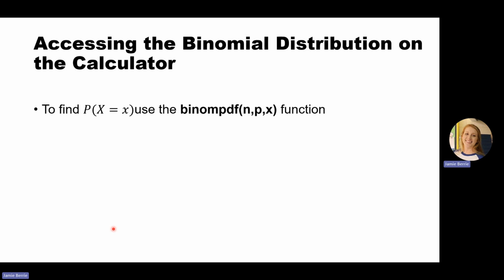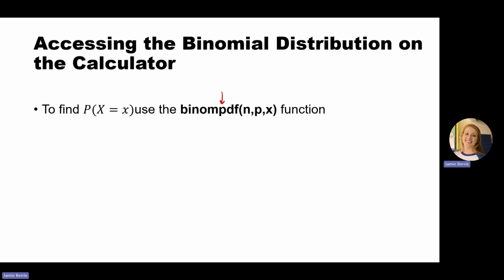Okay, so let's go back and write all that down. When we are accessing the binomial distribution on our calculator, if we're trying to find the probability that X is equal to a number, we're going to use the binom PDF function. So say the probability that the dog catches the frisbee exactly 2 times, then we're using binom PDF.